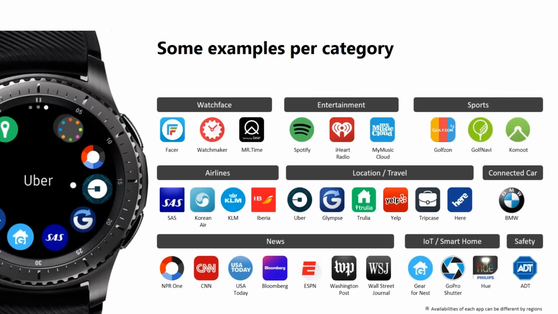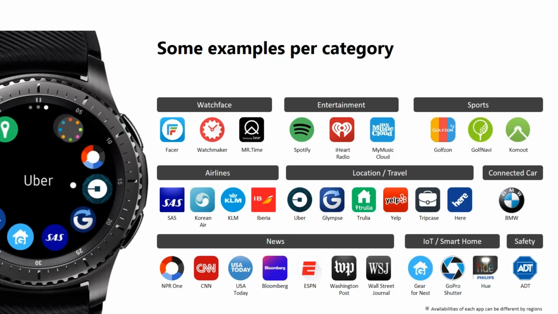Some examples per content category: watch face applications that let you choose different themes, branded themes. In the entertainment category, you can stream audio like Spotify or My Music Cloud or NPR One. They are all audio streaming applications. There are third-party fitness applications, airline applications, location applications like Uber, Trulia, Yelp.